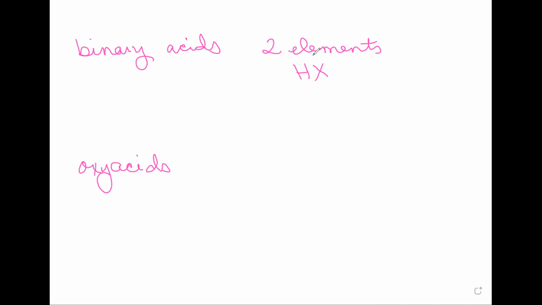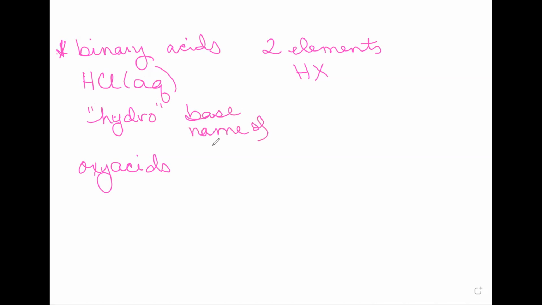So for the binary acids in particular, we have to write aqueous in order to do the acid naming. So when we have this, the way we name it is you use hydro, plus the base name of my element, plus ic, and then acid.